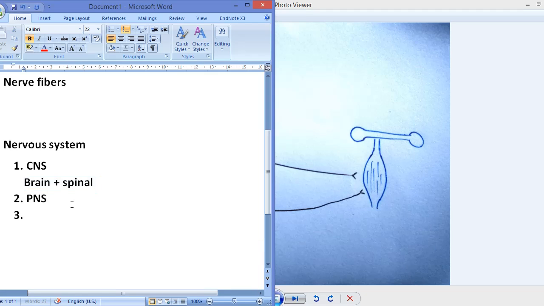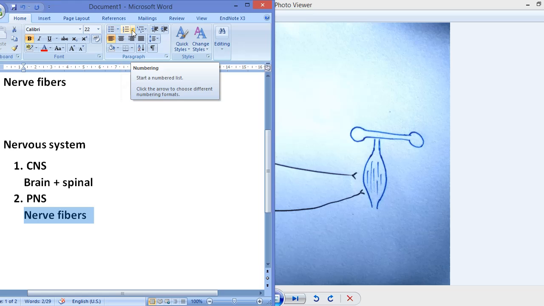Now coming toward the peripheral nervous system. The peripheral nervous system has two types. As I have already told you, the peripheral nervous system is actually the nerve fibers which exist outside the central nervous system, and these nerve fibers are of two types. Two types of nerve fiber, or two types of system, are made by this peripheral nervous system.